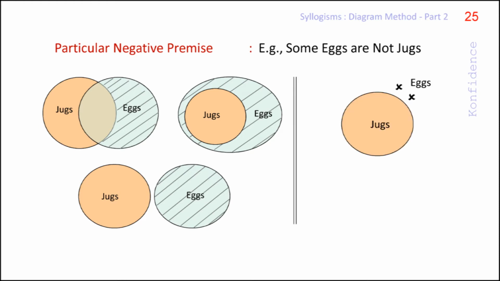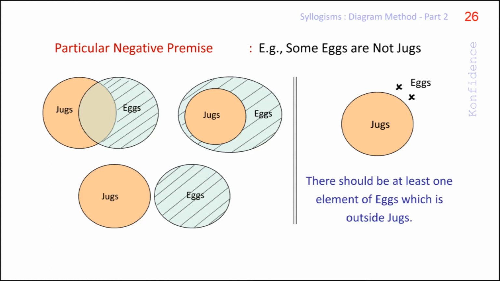So we shall use a diagram as shown on the right to represent a particular negative premise. There may be an overlap, maybe not, but definitely at least one of the elements of X should be outside jugs. When you draw the diagram, draw the set jugs as a circle and represent X outside as 1 or 2 X marks.